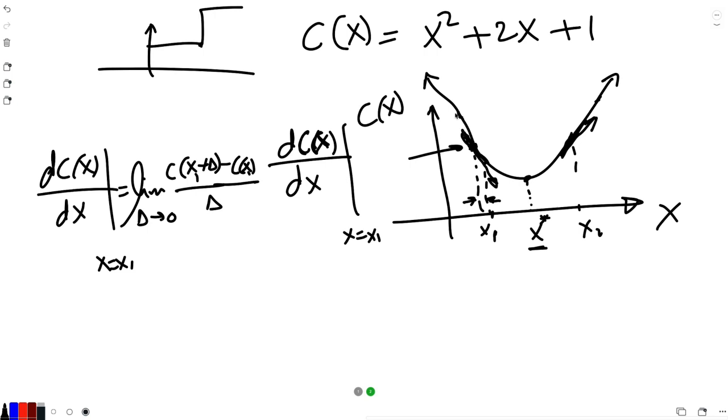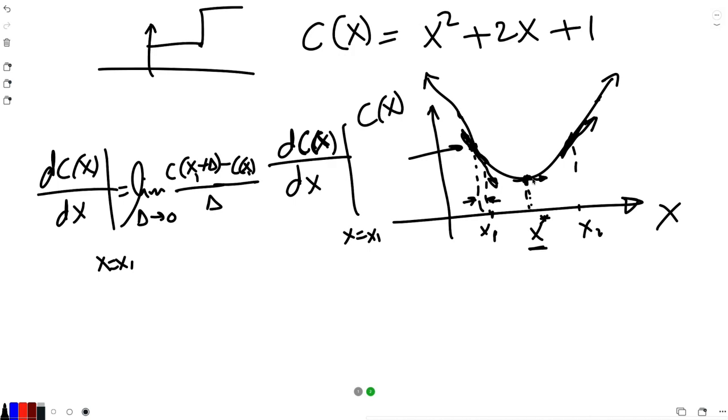Remember that this is the rate of change. Here we have a negative rate of change, which can be very fast but then goes slowly, and then this will be the point where we change the direction of the rate of change from negative to positive, and at this point the slope is 0. So the differentiation here is 0.